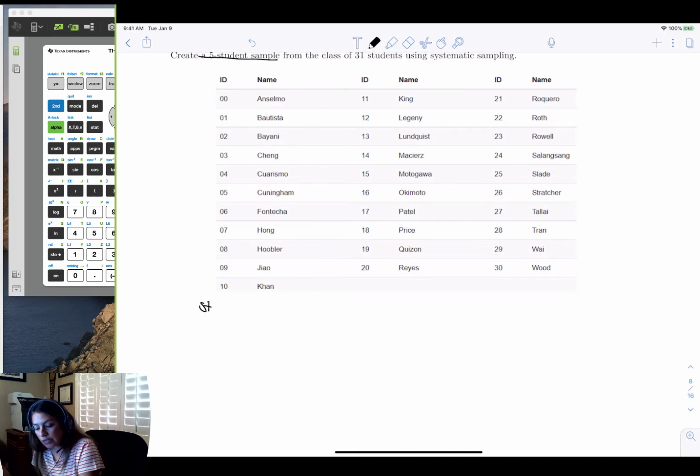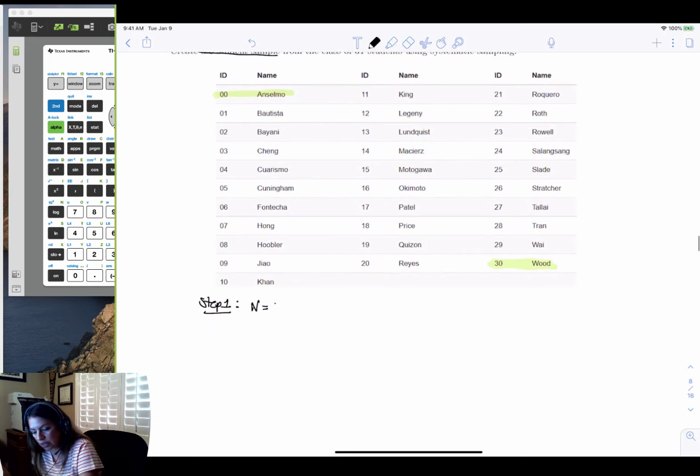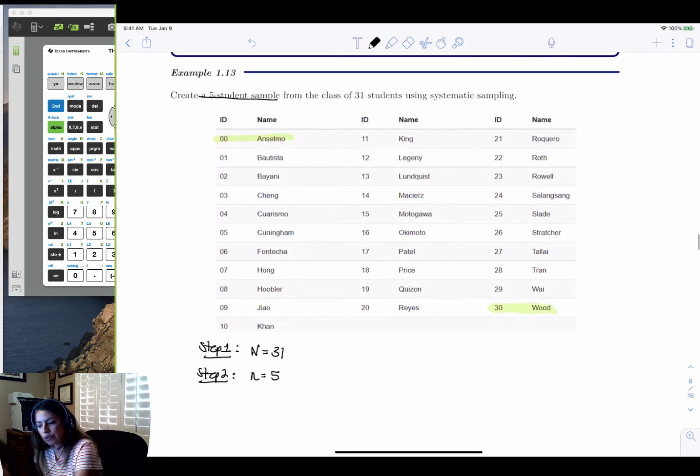Okay, so let's go into step 1. Step 1 is selecting the number of students in the population. Just be careful here because we see 0 through 30. If we count the 0, that would be 31 students. Step 2 means we select a sample size. Our sample size was given to be 5 students. Step 3 says do that quotient, big N over little n, round down to the nearest integer, and that integer will be k.